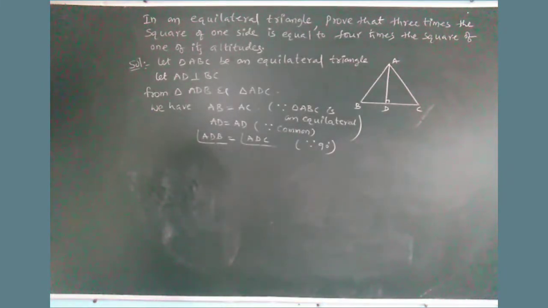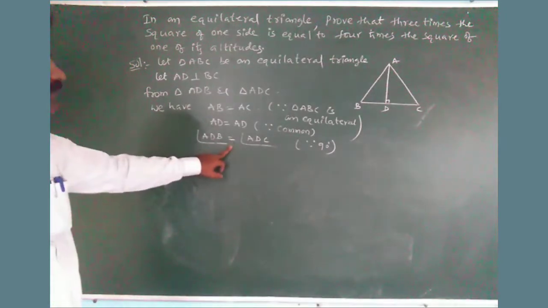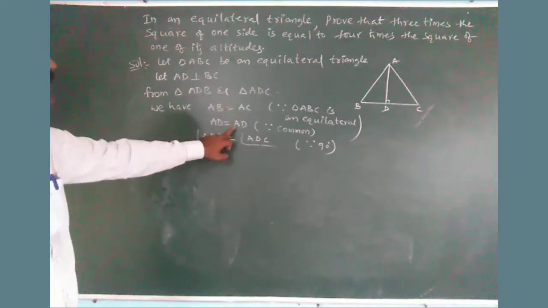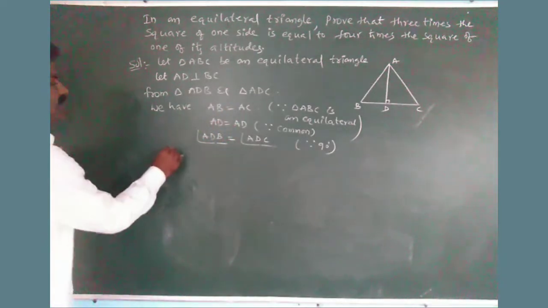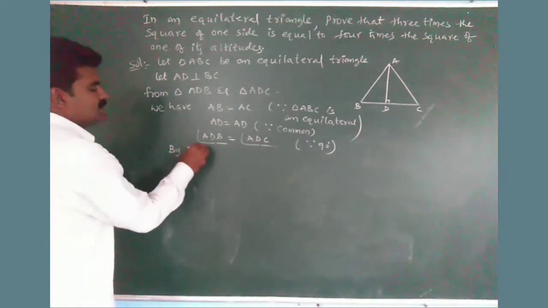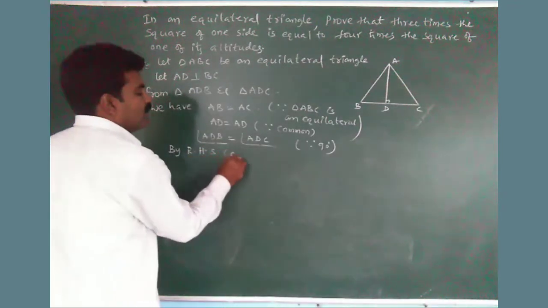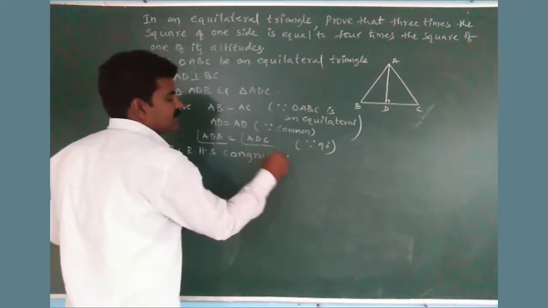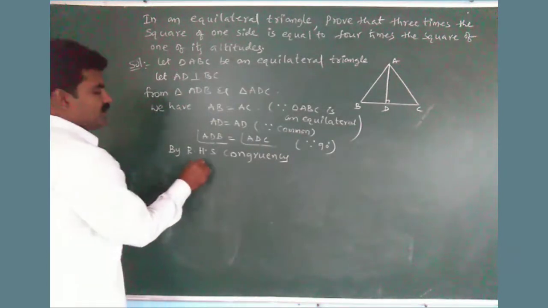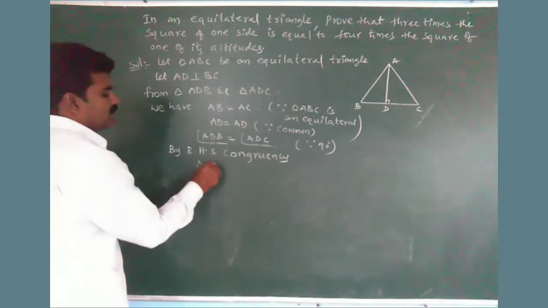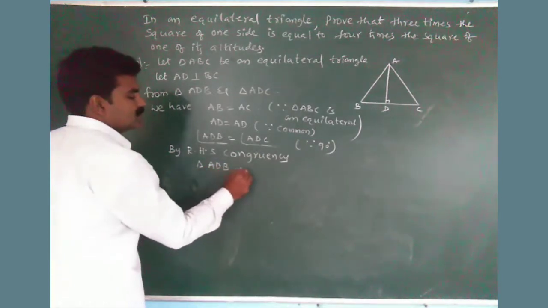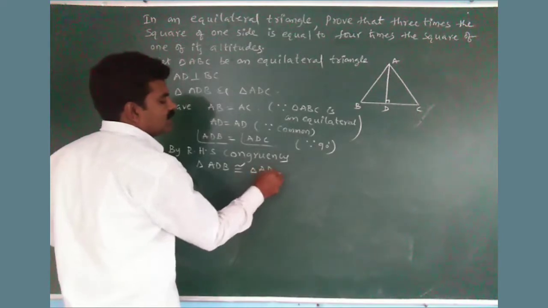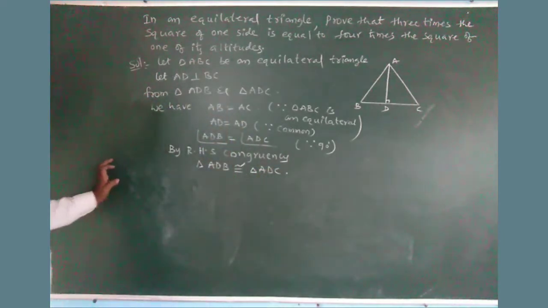So we have a right angle, one hypotenuse and one side. So by RHS congruency, triangle ADB is congruent to triangle ADC.